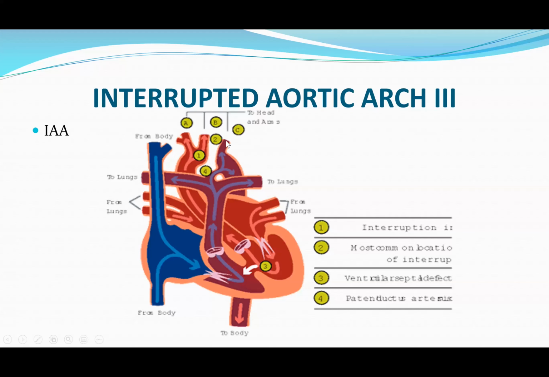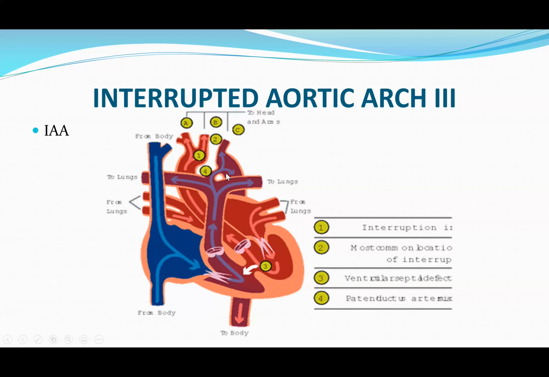In this patient, the ductus has to stay open because that's the only way for them to get blood to the lower half of the body. So when the kids are born and the surgeon cannot operate on them right away, we give them prostaglandins to keep the ductus open until we can go in and fix this.